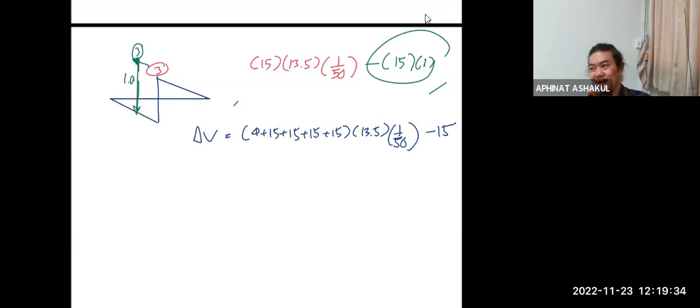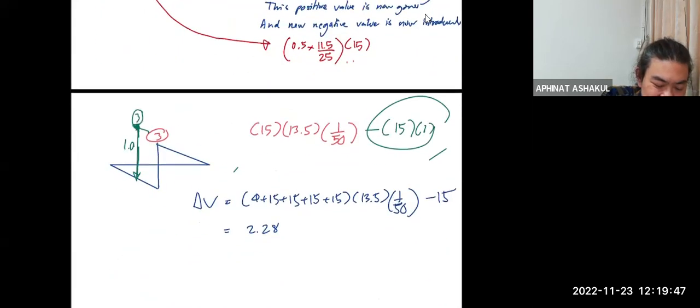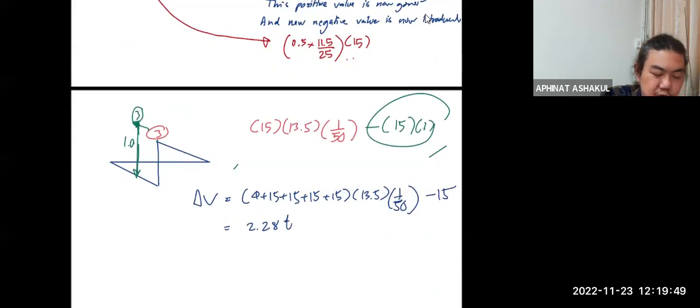Hopefully, we should get the same number. Oh yeah. Okay. 2.28, right? You should try to write the summary so that your understanding is polished, and make sure that you understand it.